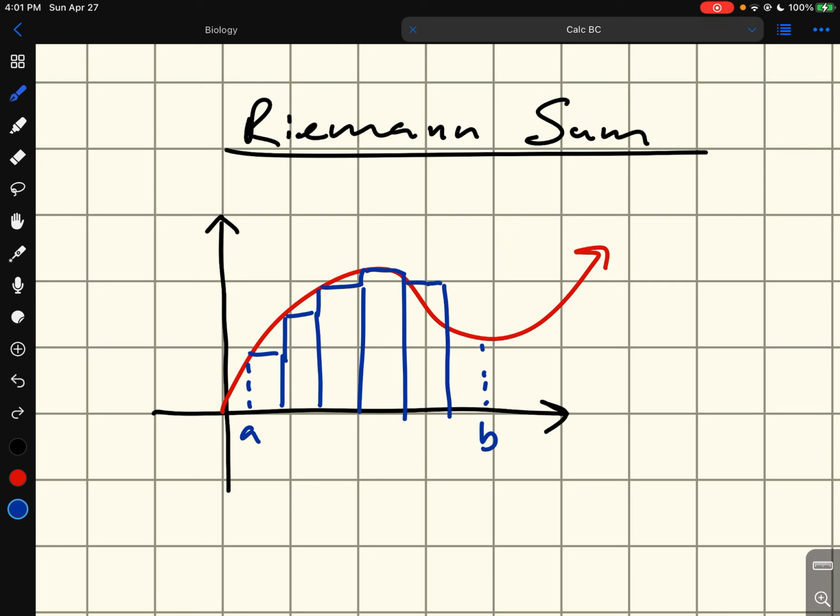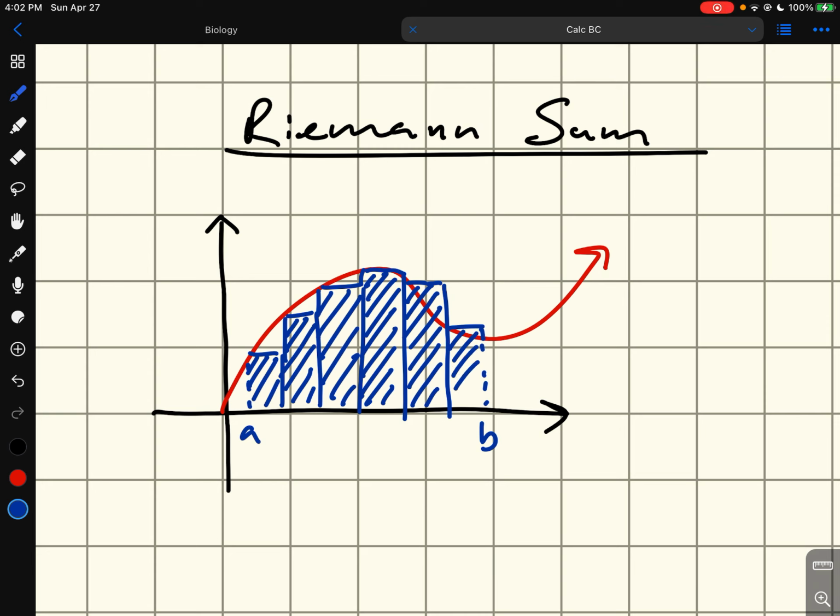So the other thing about these rectangles is that the height depends on which side you're taking this Riemann sum from. So you can either have a right Riemann sum or a left Riemann sum. Now the difference is which y value you use, because the distances for all these intervals are the same, but the heights differ.